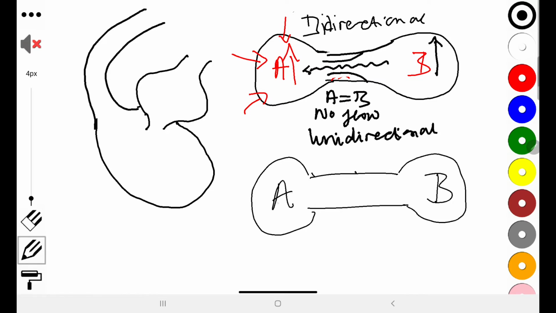The principle is that if the pressure in A increases, like in the bidirectional one, it will open this way, and content will move from A to B. But what happens when the pressure in B is more than the pressure in A? In this case, the valve is going to go in this direction.